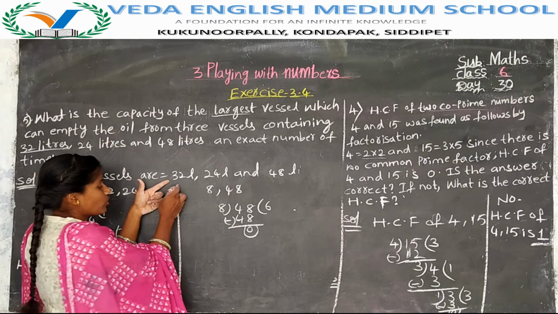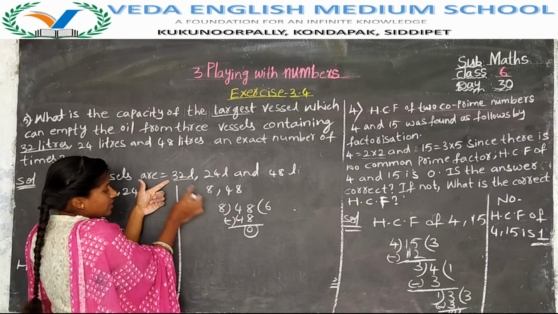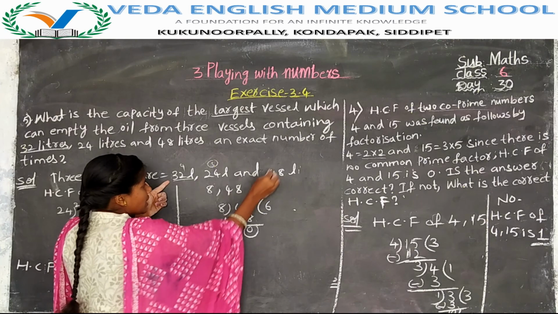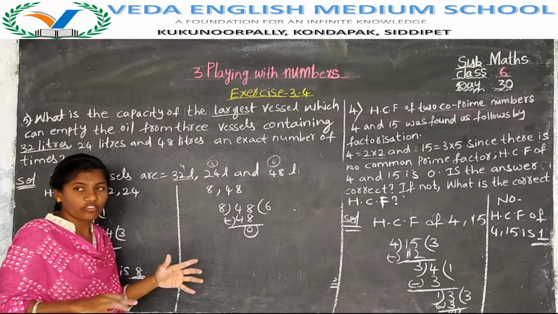How many times does it divide 32? 8 fours are 32, so 4 times. 8 threes are 24, so 3 times. 8 sixes are 48, so 6 times.